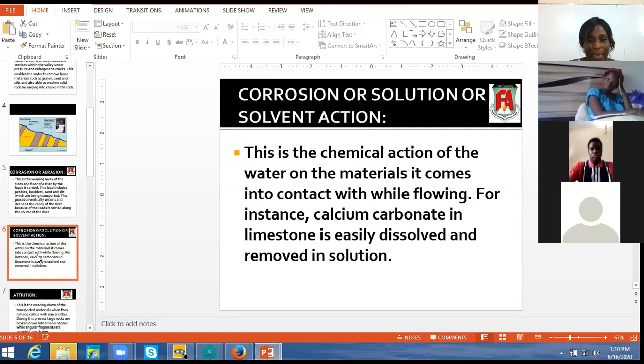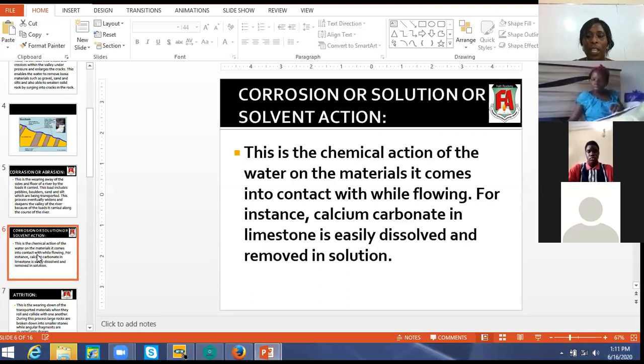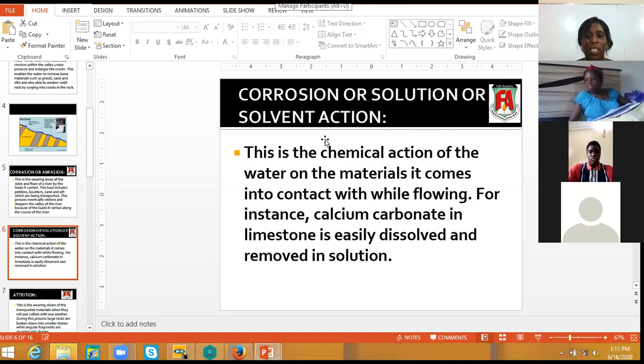For example, I said calcium carbonate in limestone is easily dissolved and removed in solution. Now, when these materials dissolve inside water, they either change the taste of the water or they change the color of the water. Now, let's take an example.